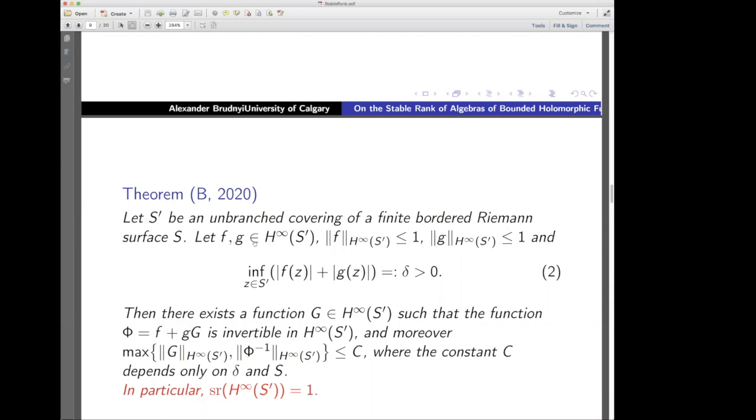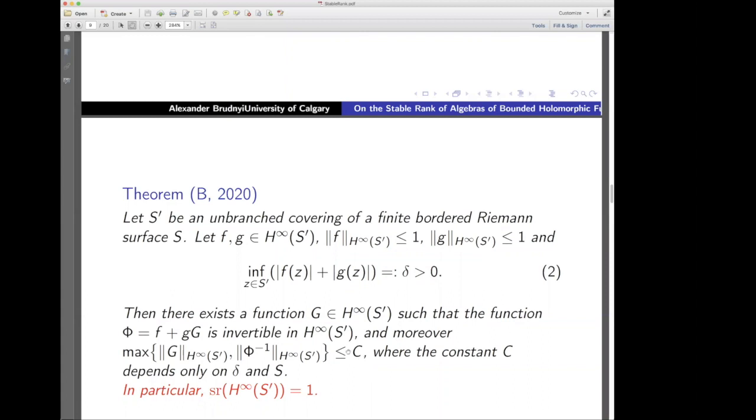So assume that f and g belong to H infinity(S prime). They are of norm less or equal than 1, and they satisfy the Corona condition for some delta more than 0. Then there is a function G capital from H infinity(S prime) such that the function phi = f + g times G capital is invertible in H infinity(S prime), and moreover, we have the following bound on the norms of G capital and phi inverse.